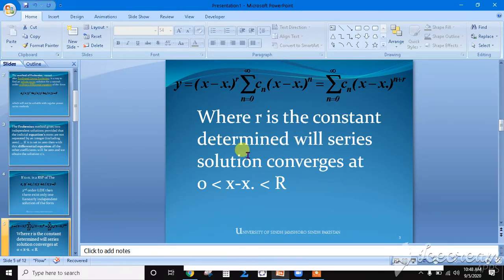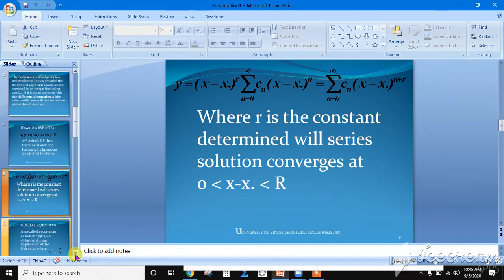Note that r is any constant determined so that the series solution converges at 0 less than x minus x naught less than R. So this is an open interval: x naught is not involved and the radius is not involved.